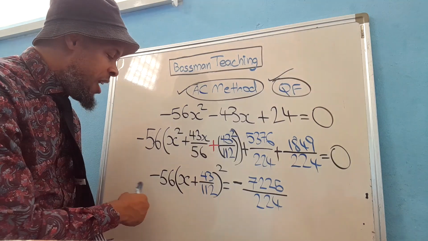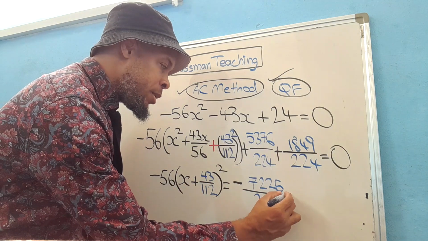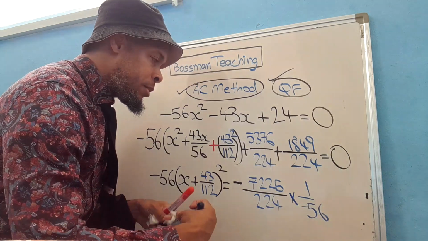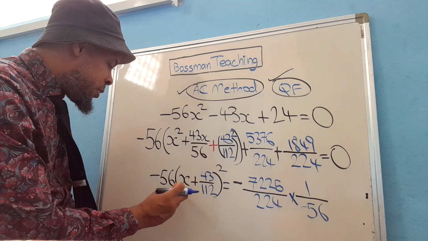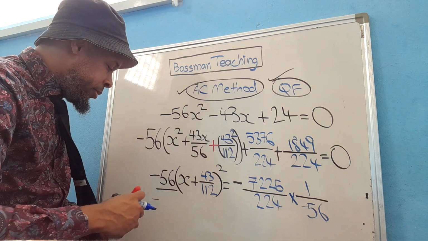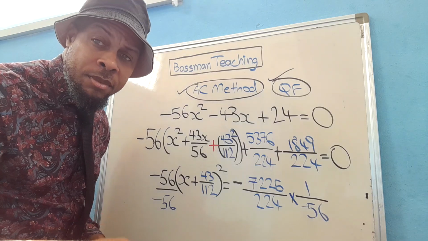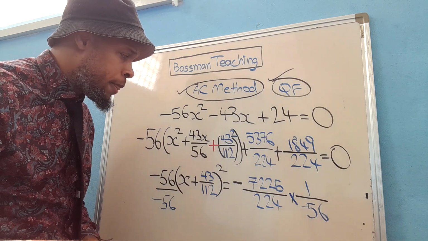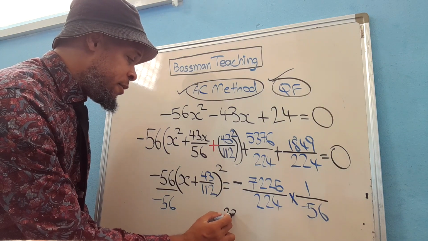Now we're going to multiply or just divide both of them by minus 56. Multiply this by 1 over minus 56. You divide this by minus 56. So now 56 times 224.